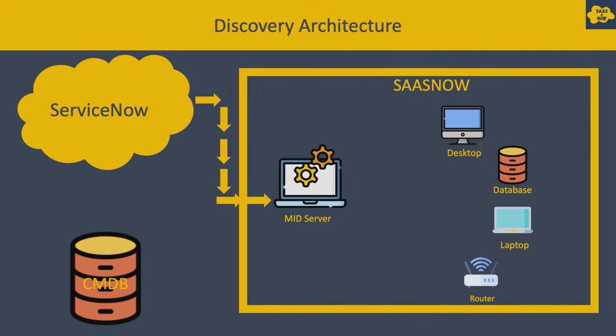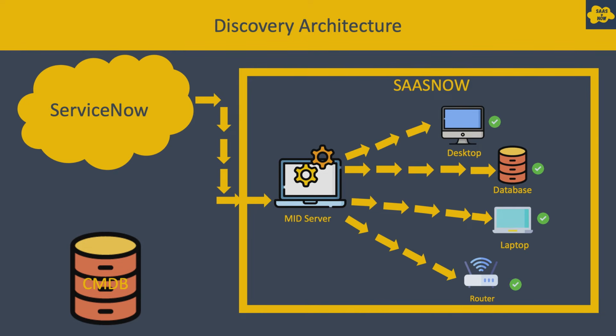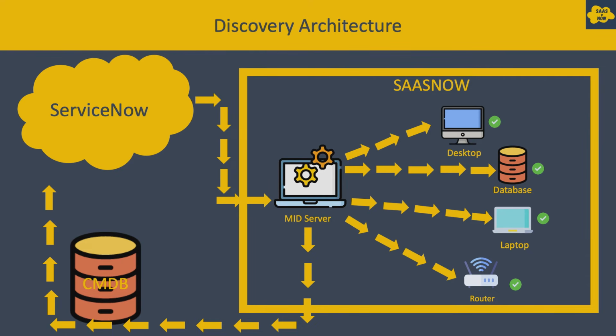Then the MID server connects with these internal devices on the network, collects the information of these devices, and sends it to ServiceNow for processing with the help of sensors. The MID server keeps executing the probes to collect the information and send it to ServiceNow, which is processed by sensors, and this data is updated in CMDB.